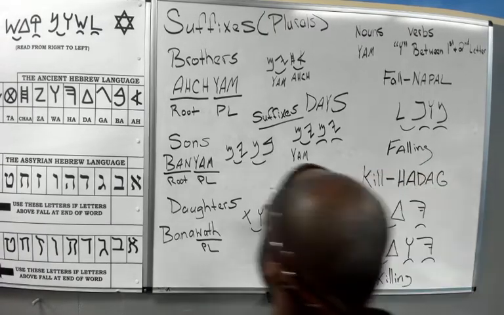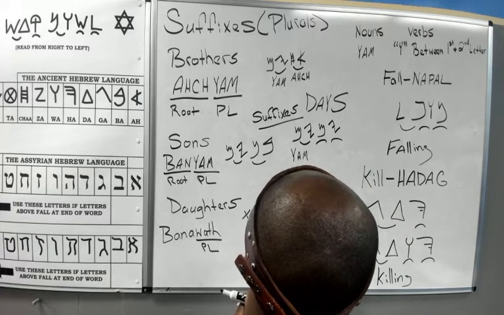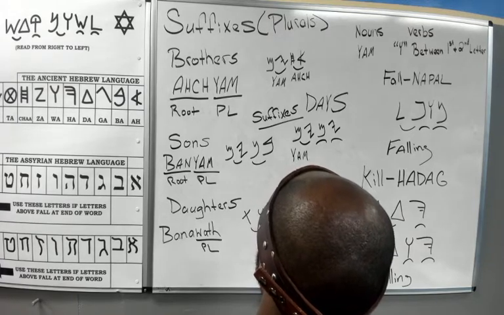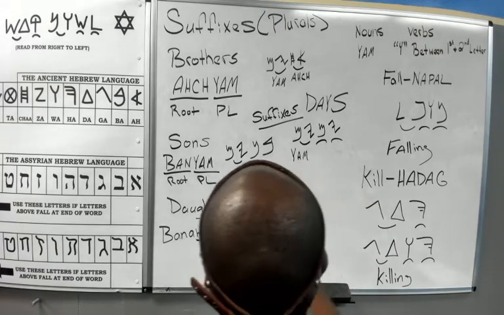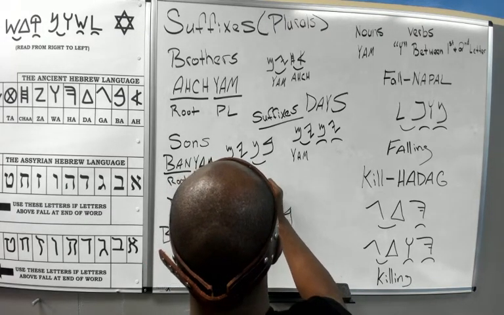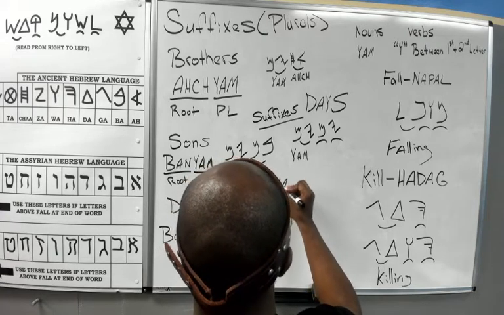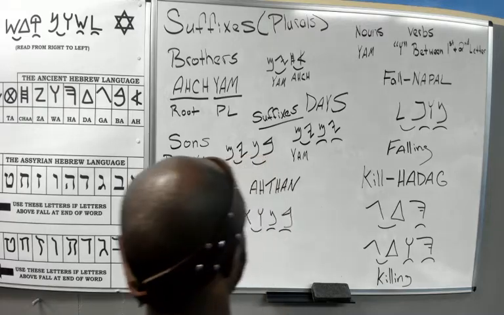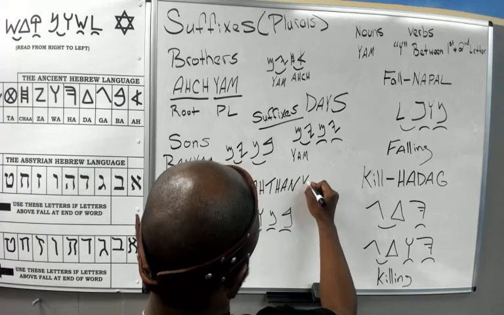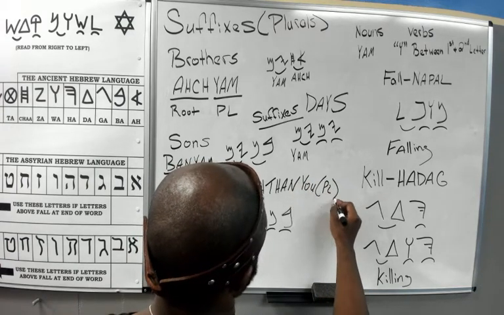Let's say, for example, atan. And I know I'm all over the place. Atan, that would be you plural. This is pretty common in ancient Hebrew.